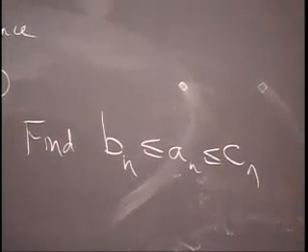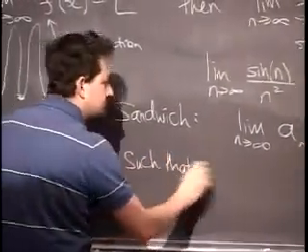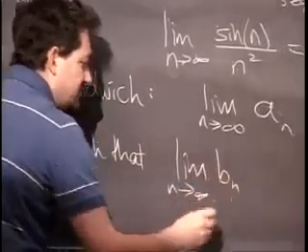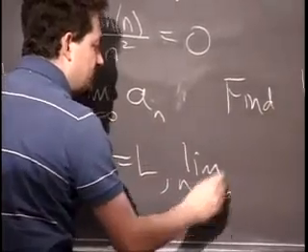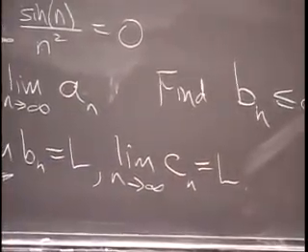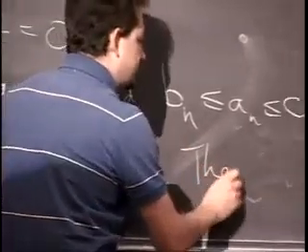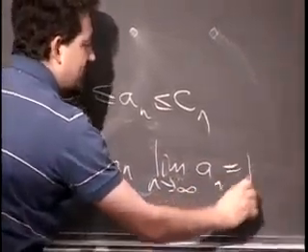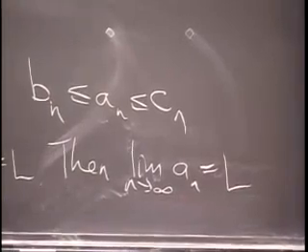So we find them such that the limit of b_n is L, and the limit as n goes to infinity of c_n is also L. If you can. Of course, you can't always do that, but if you can, then the limit that you want is also L.